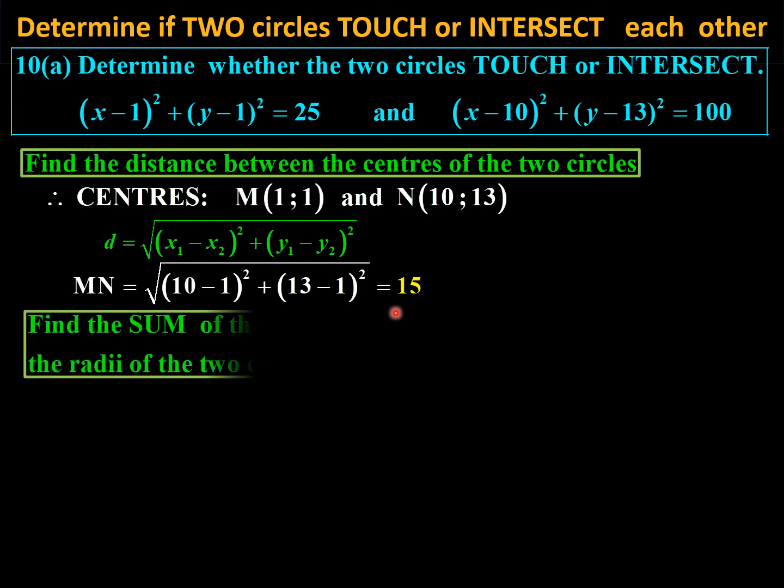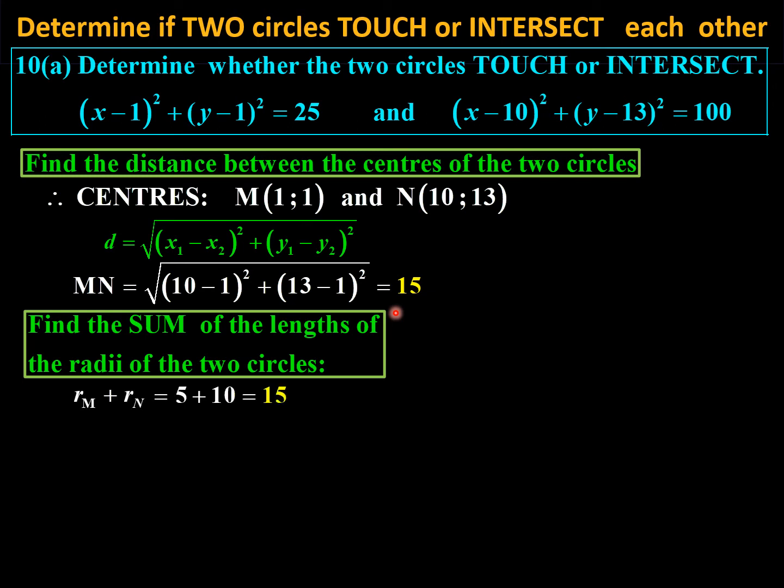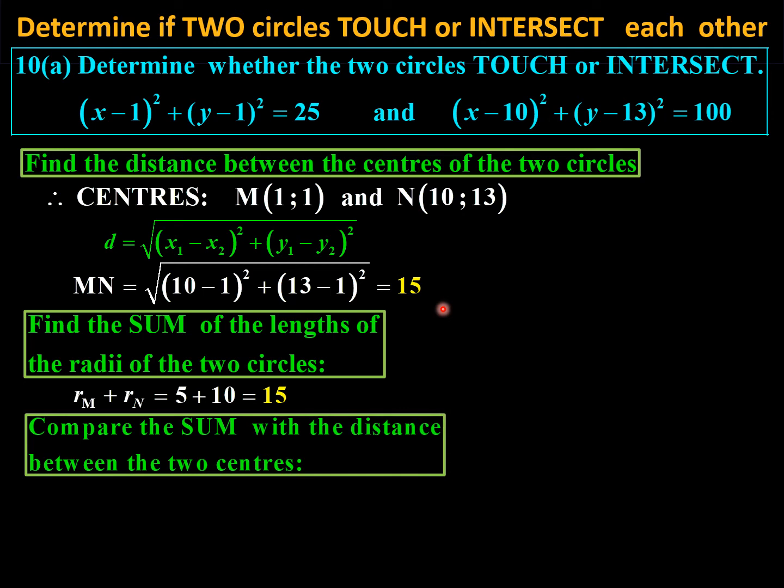Now we want to find the sum of the two radii. What were the two radii? That's correct, 5 and 10. So we add them, and we see that this sum, which is 15, is exactly the same as the distance between the two centers. Therefore, if we compare the sum and the distance, we see they are equal.